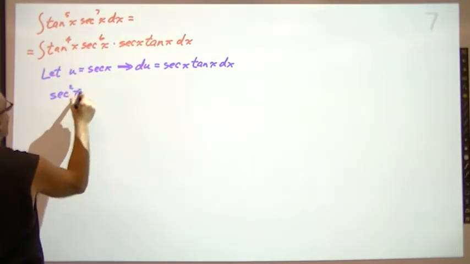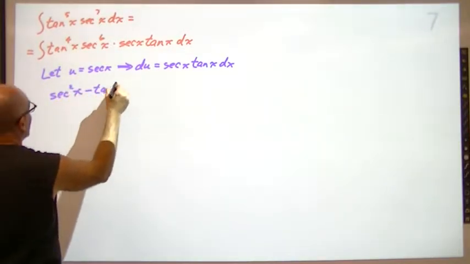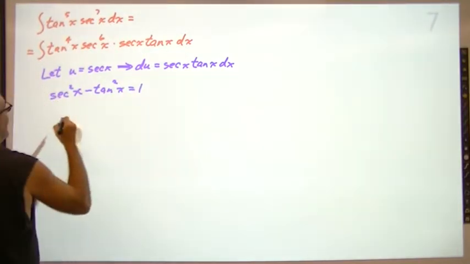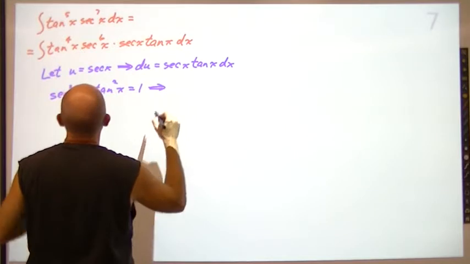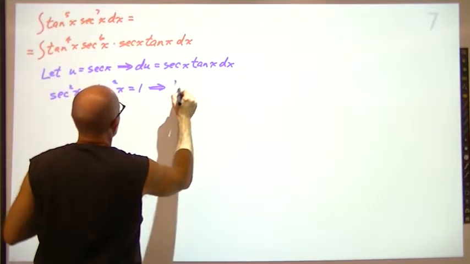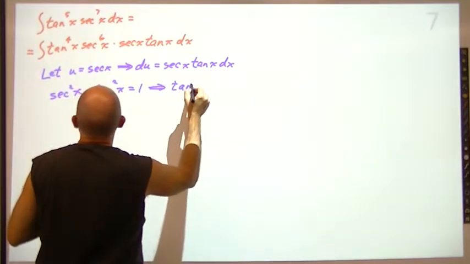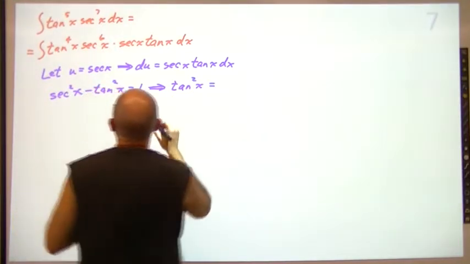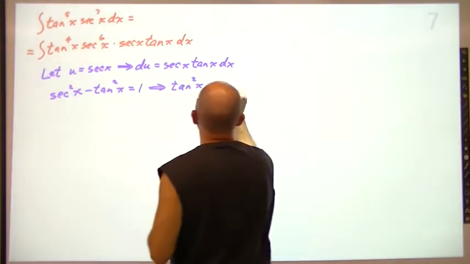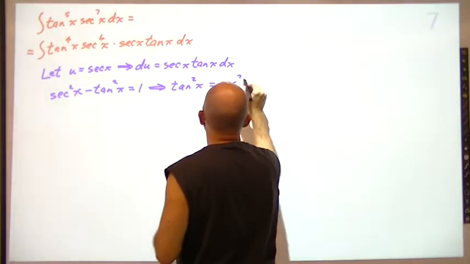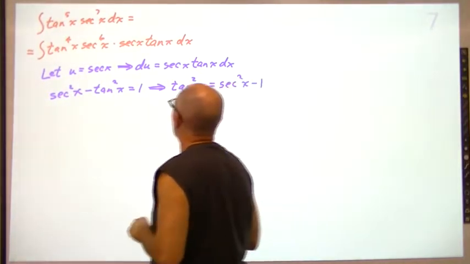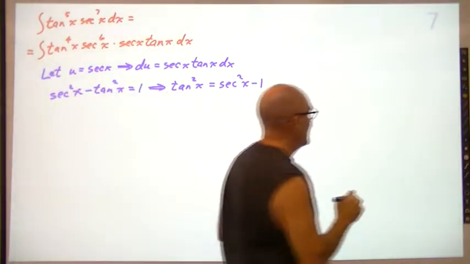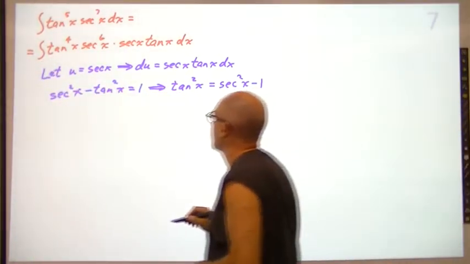So remember, secant squared x minus tangent squared x equals 1, which means that tangent squared x equals secant squared minus 1. So I go to all my tangents and I change them to secant squared minus 1.